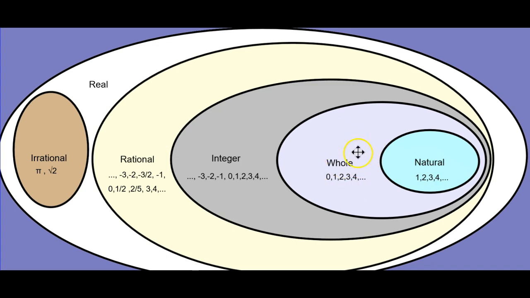Then you get to whole numbers, and it's the natural numbers, except you also include 0 there. Now, when I first learned this in Algebra 1 in high school, I remembered, hey, the whole has the O right there. And so for some reason that just helped stick in my head that you include the 0. It's like I just pretended that was a 0 instead. So it's everything that's natural plus the 0.